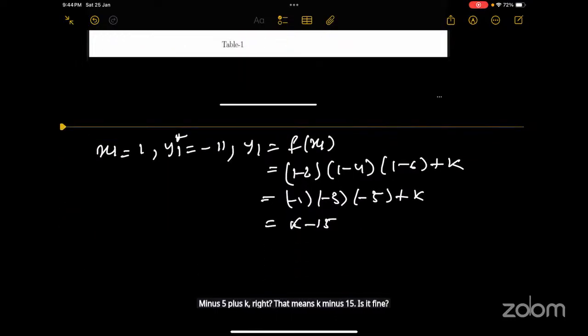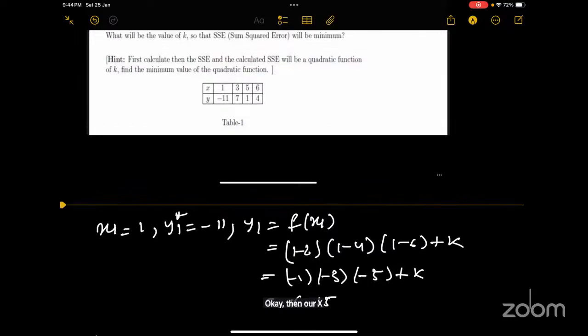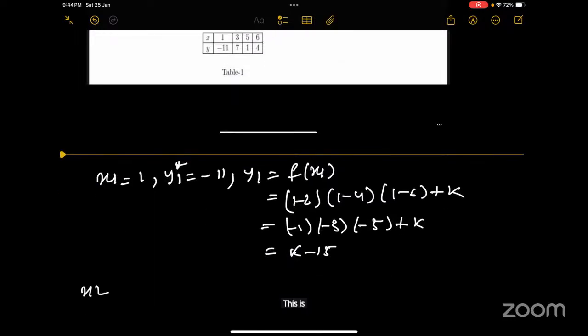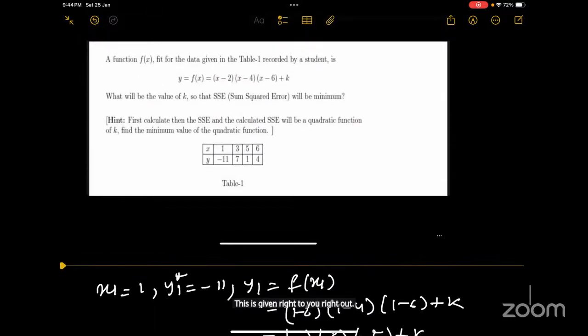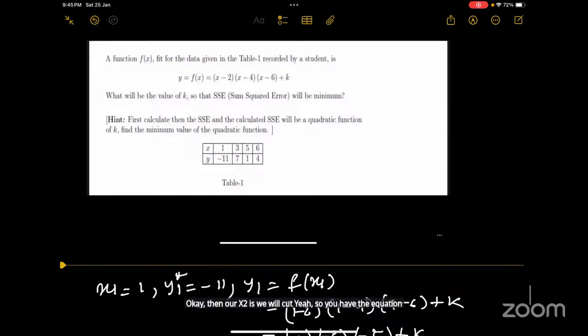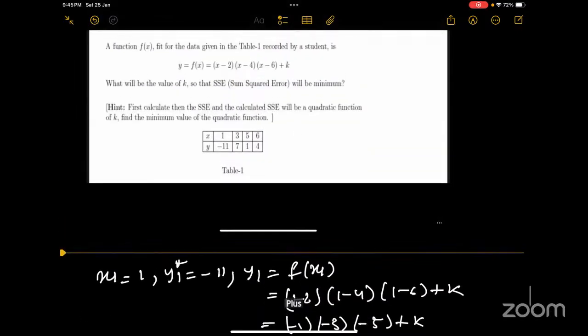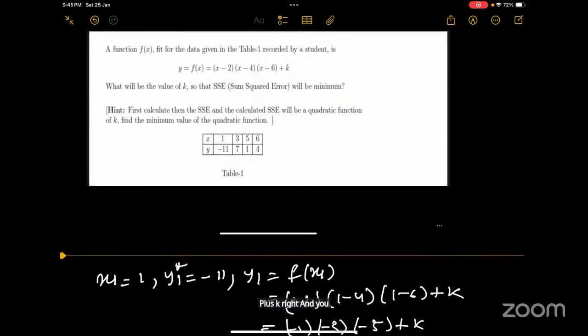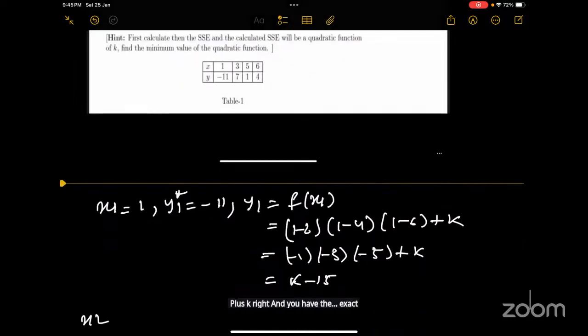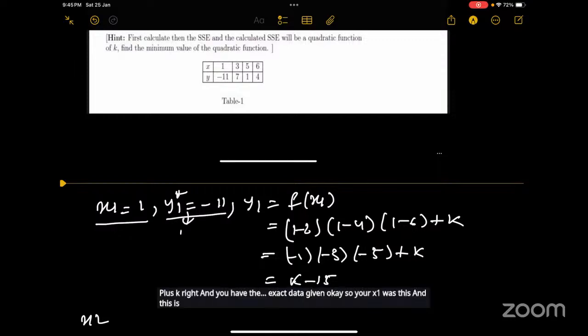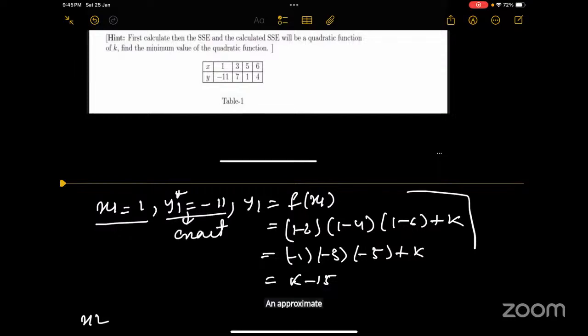Okay. Then our x2 is... Ma'am, this is given, right? Yeah. So you have the equation given here: f of x equals x minus 2, x minus 4, and x minus 6 plus k, right? And you have the exact data given. So your x1 was this, and this is your exact value. And the approximate value you can calculate using the equation.